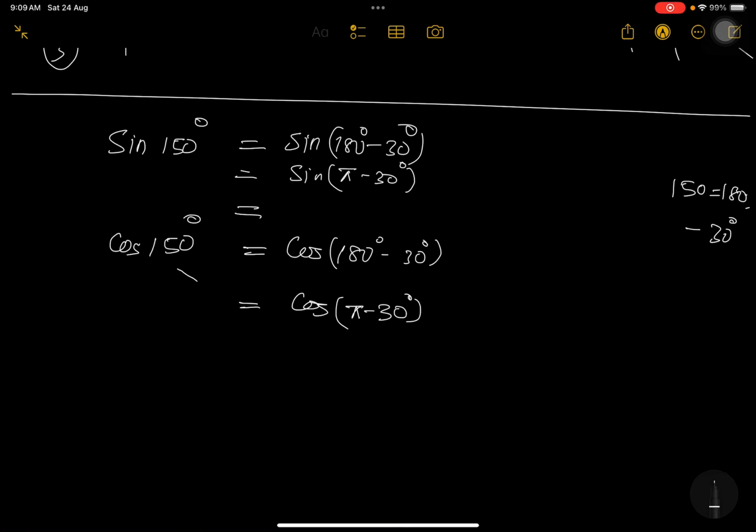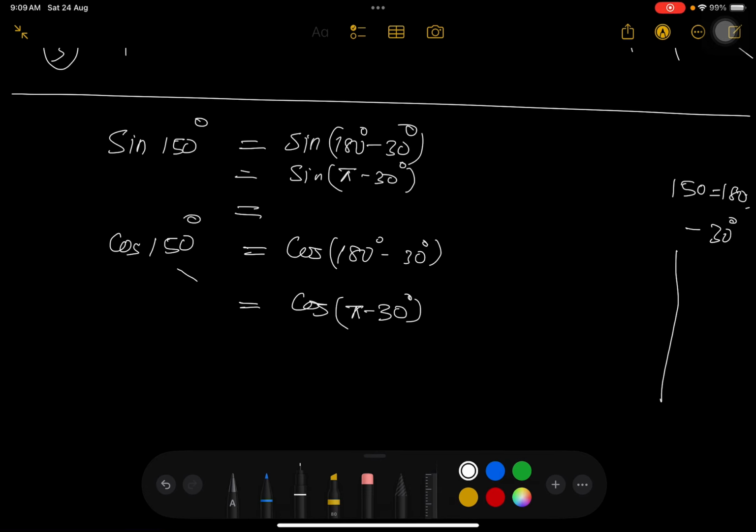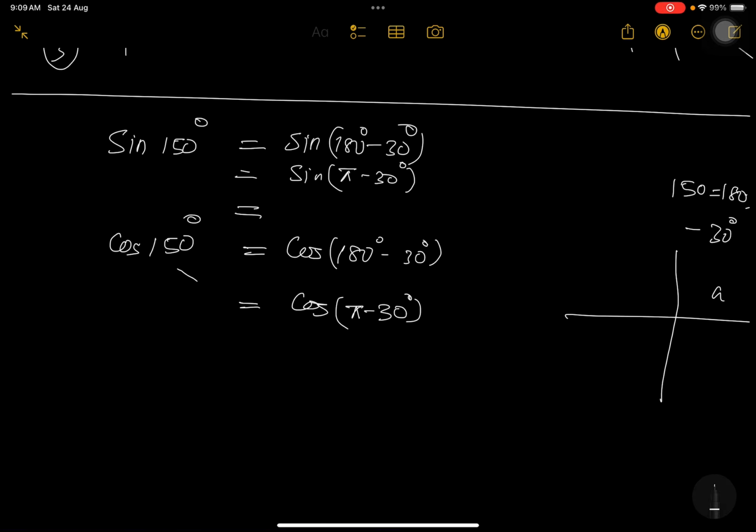So we'll just check the sign here. All silver tea cup. 150 lies in the second quadrant of the circle. The sine value is going to be positive, cos is minus. Pi means pi, 2 pi, 3 pi, sine value means sine value, so sine 30, cos value means cos value, cos 30.